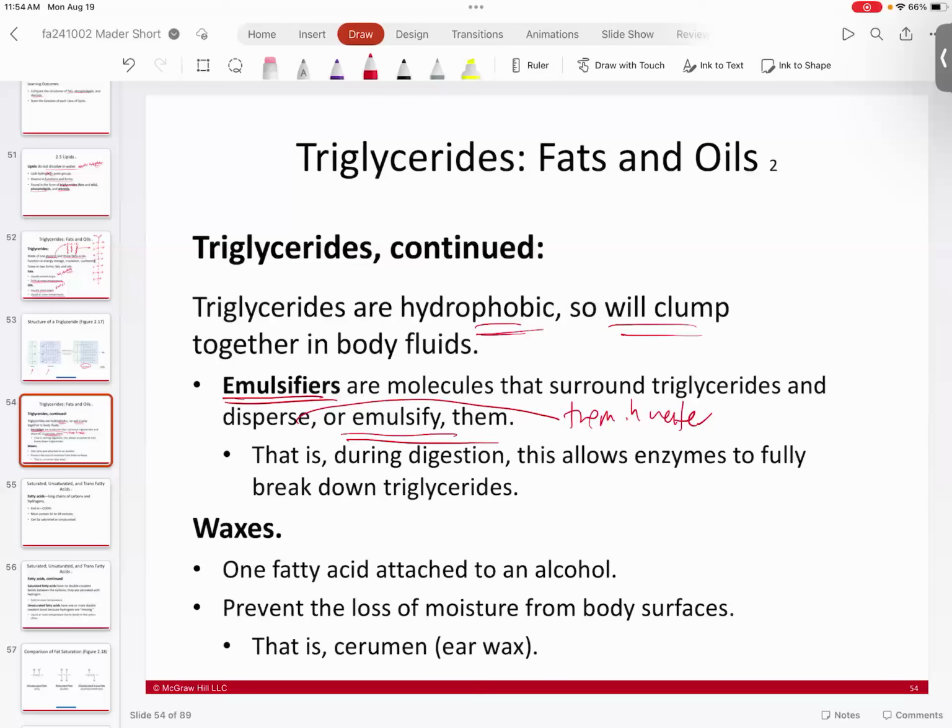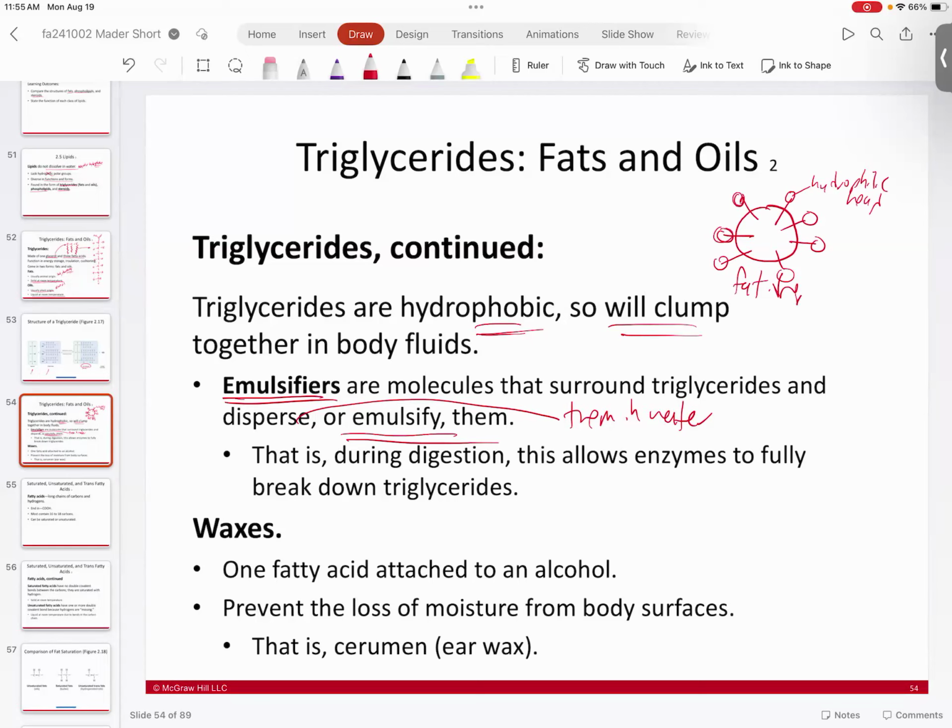For instance, here's a little fat droplet. An emulsifier has a hydrophobic tail, which sticks into the droplet, and a hydrophilic head. This allows the droplet to move around in water because of these hydrophilic heads. So it emulsifies it.